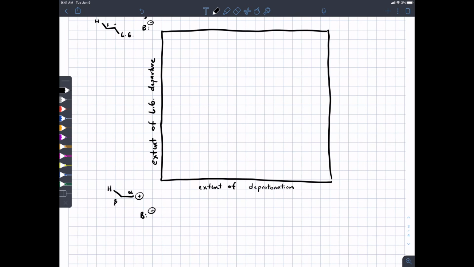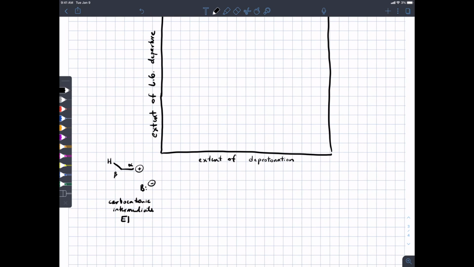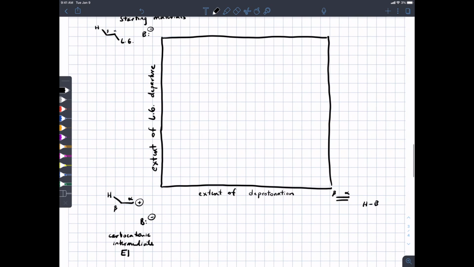This would be a carbocationic intermediate. And this would be sort of what we would expect for an E1 reaction. And then, of course, after that, the base could come in and remove the proton. You would establish a double bond between the alpha and the beta carbons. The base will have picked up the proton.